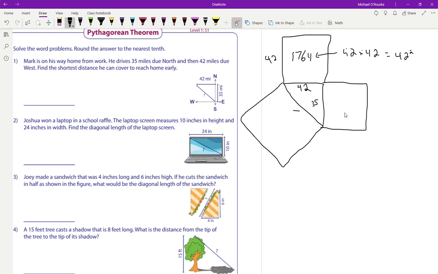And what number is going to go in here? Oh, not 17. That's a 35. My number may be really messy.